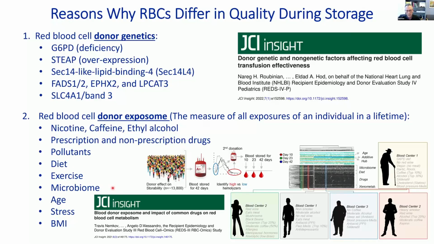Age has a very significant effect on this, as well as stress and BMI. There have been a few very interesting studies by one group at the University of Colorado Anschutz that has looked at both the genetics and how this affects donor storage quality, and has broken this down into many factors that affect the actual storage of a red cell and the transfusibility of a red cell based on factors that affect the exposome.